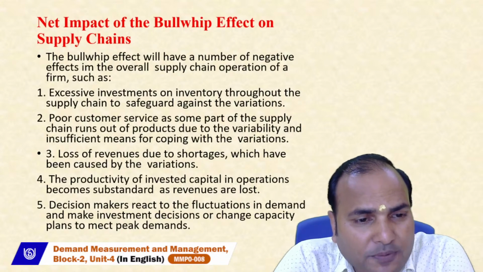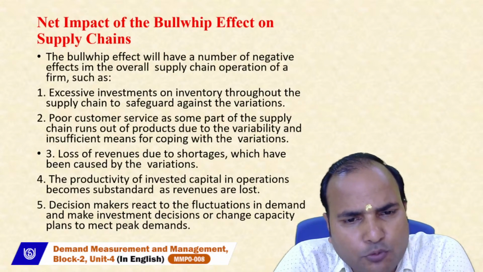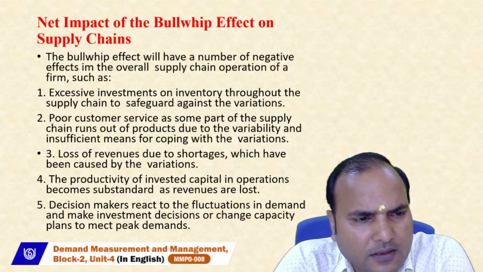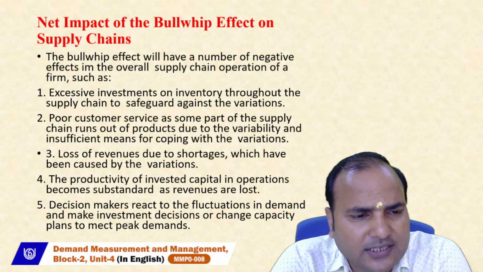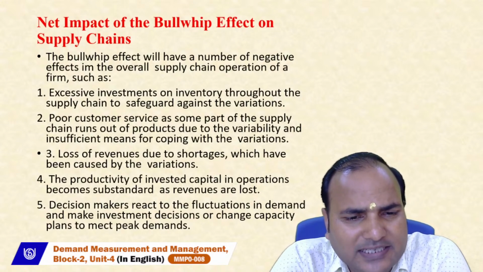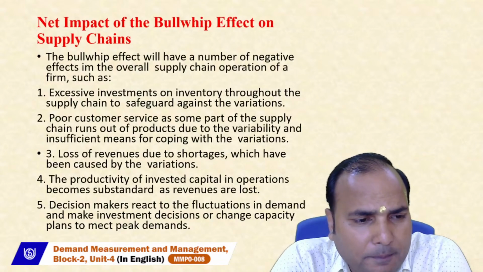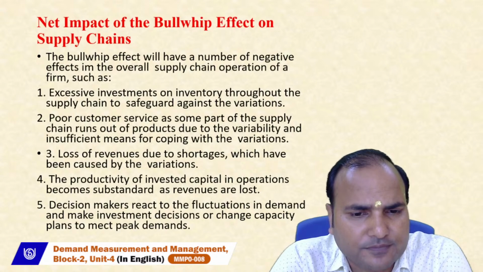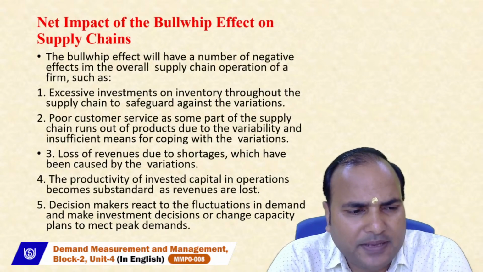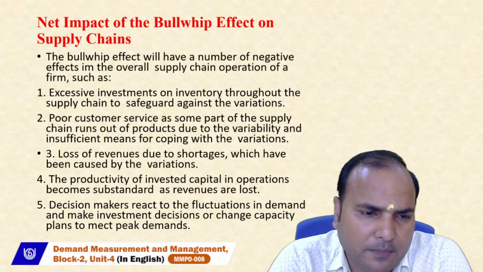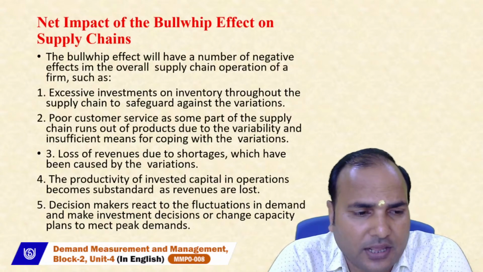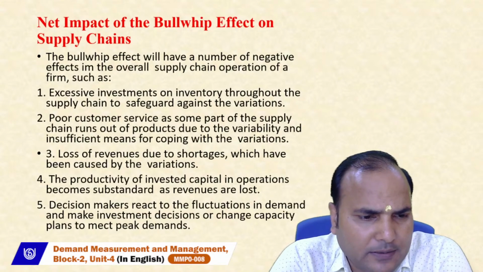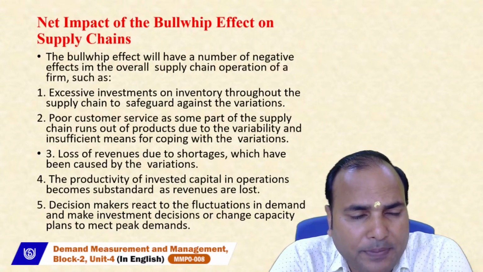Third is loss of revenues. Why? Due to shortages which have been caused by the variations. Fourth effect is the productivity of invested capital in operations becomes substandard as revenues are lost. And basically, the decision makers react to the fluctuations in demand and make investment decisions or change capacity plans to meet the peak demands.